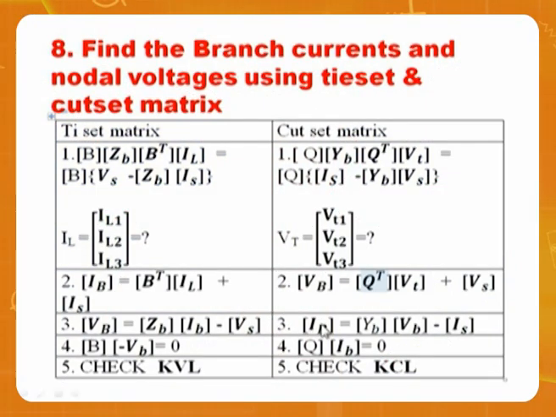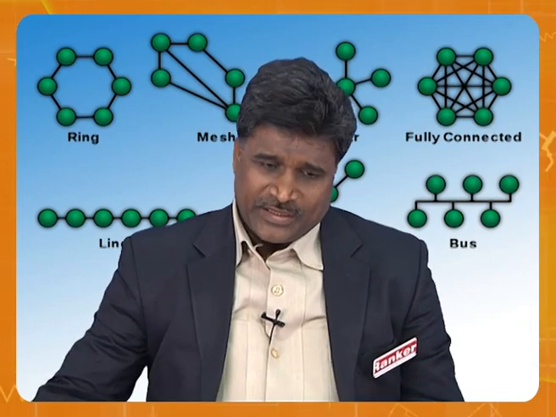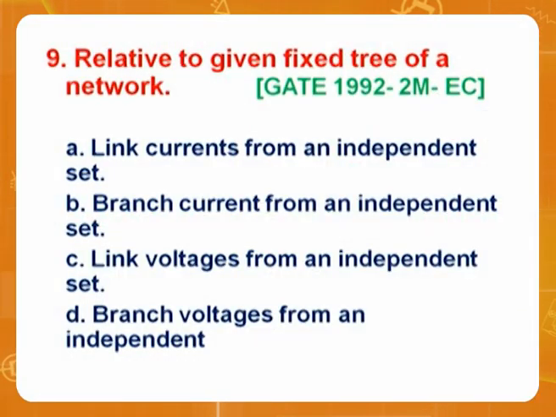Now let me take you through a few more problems before I end the lecture. Ninth problem. Related to the given fixed tree of a network, we need to find out what are the options. Link currents from an independent set, branch currents from an independent set, link voltages from an independent set, branch voltages from an independent set.